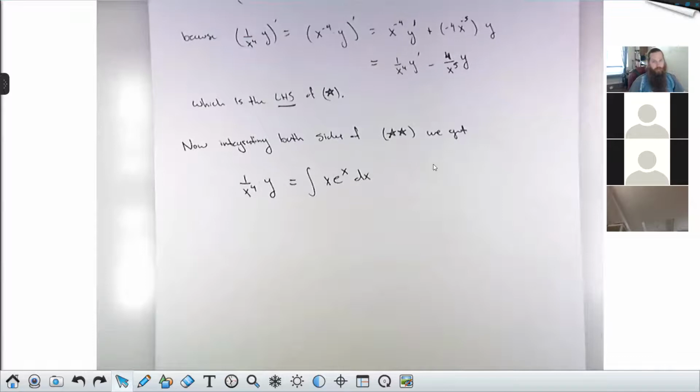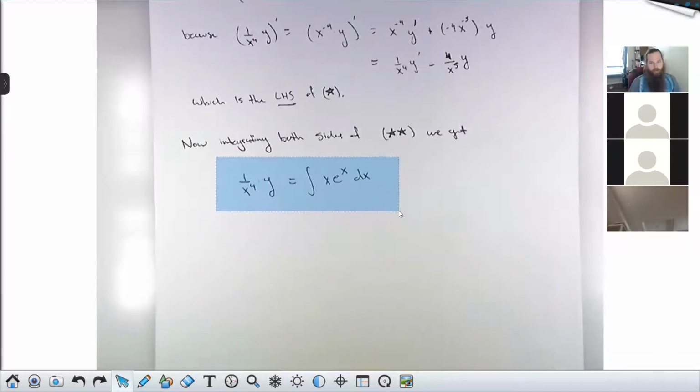Okay. So my original differential equation is equivalent to this integral equation. In order to solve the problem now, I just need to evaluate this integral and then multiply both sides by x to the 4 to get y alone. So my goal is just to find y.